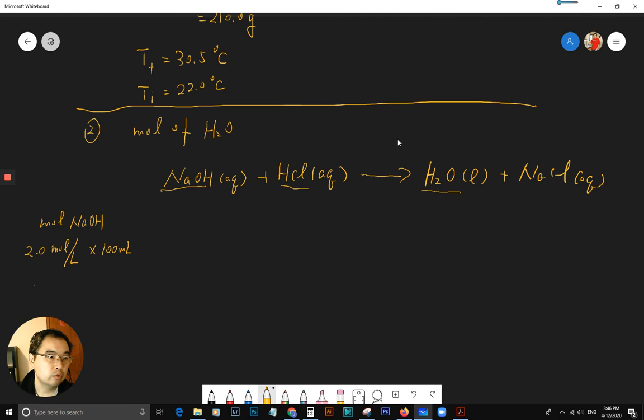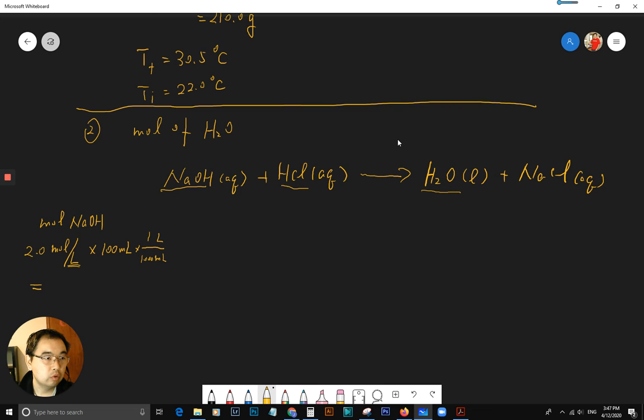The volume is in milliliters, so we need to convert milliliter to liter, putting the milliliter on the bottom and the liter on the top. 1 liter is equal to 1000 milliliter.